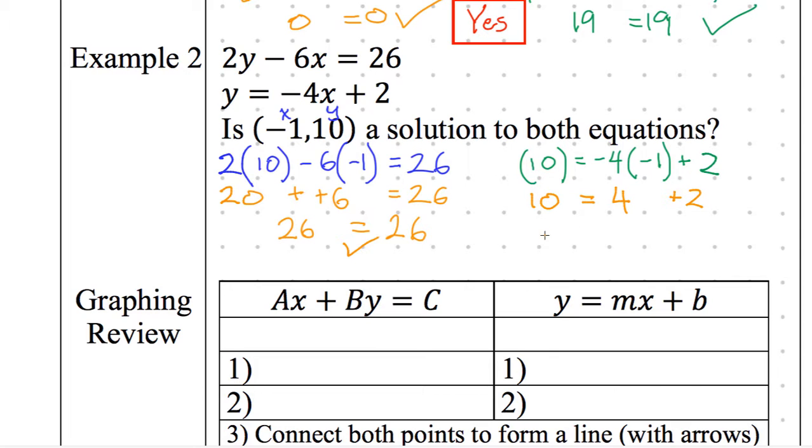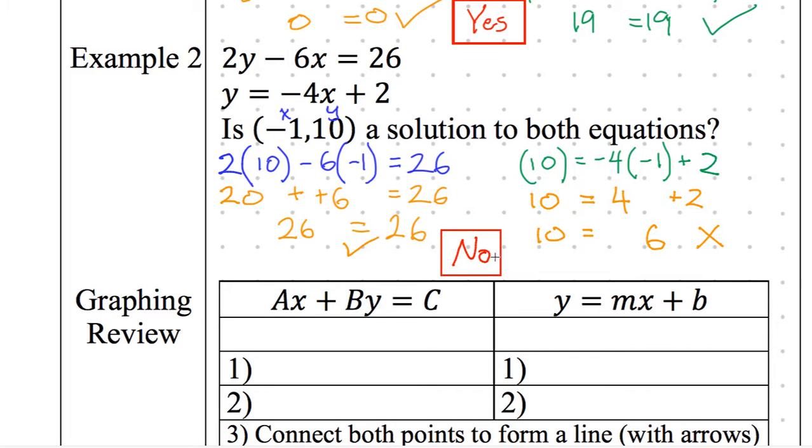I just want you to read the whole equation. 4 plus 2? 6. Does that work, Josie? It does not work. So give it a giant X. It does not work. 10 does not equal 6. And Cohen, our answer here is no.